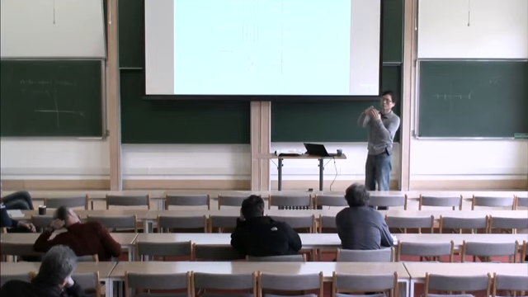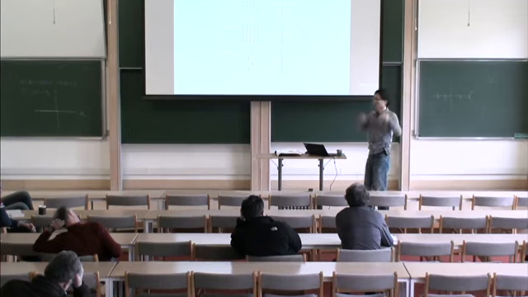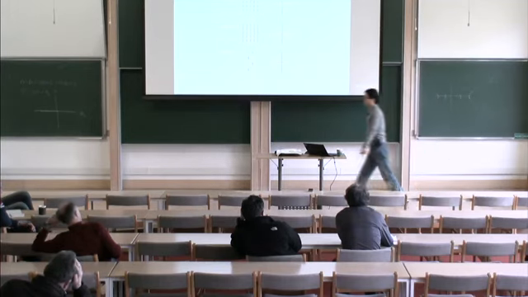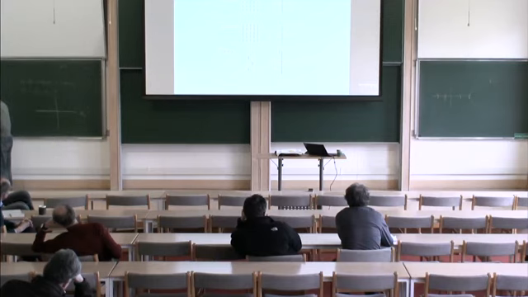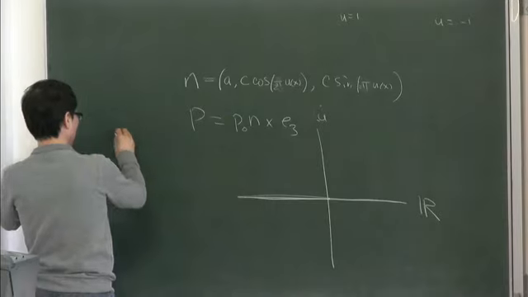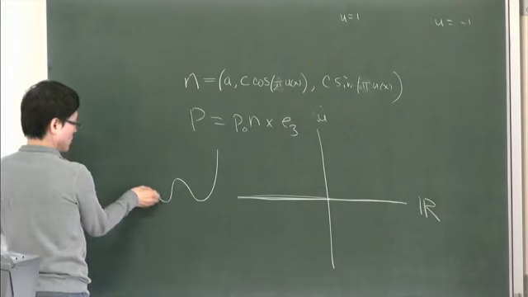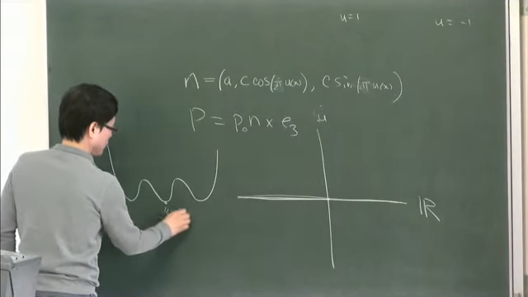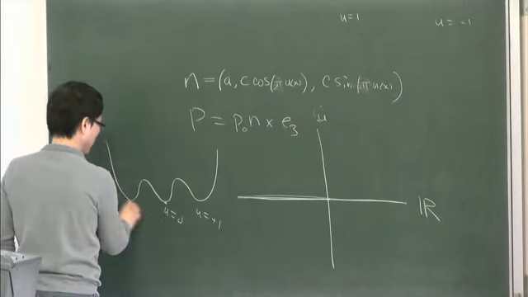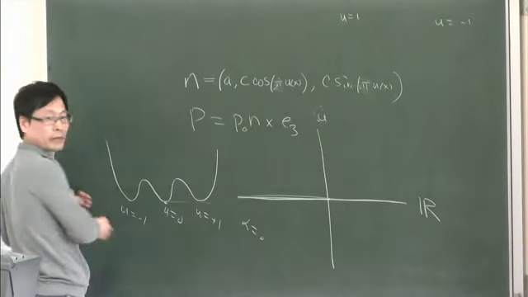If you remove the alpha term, the wells for U equals plus or minus 1 are the same. When alpha equals 0, they have equal energy.